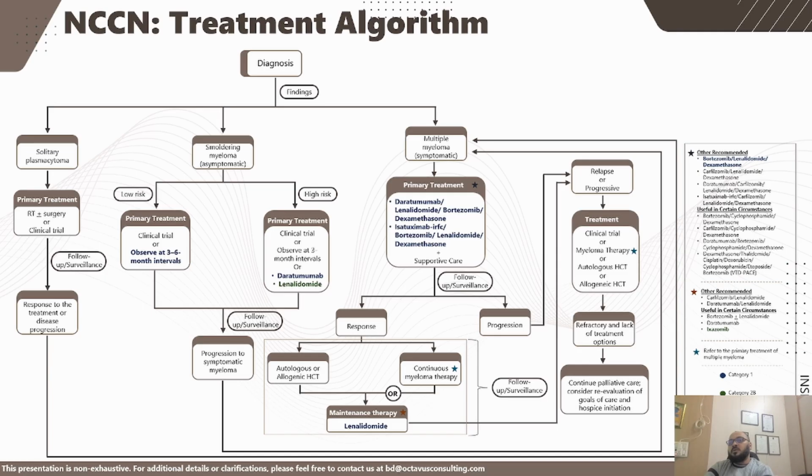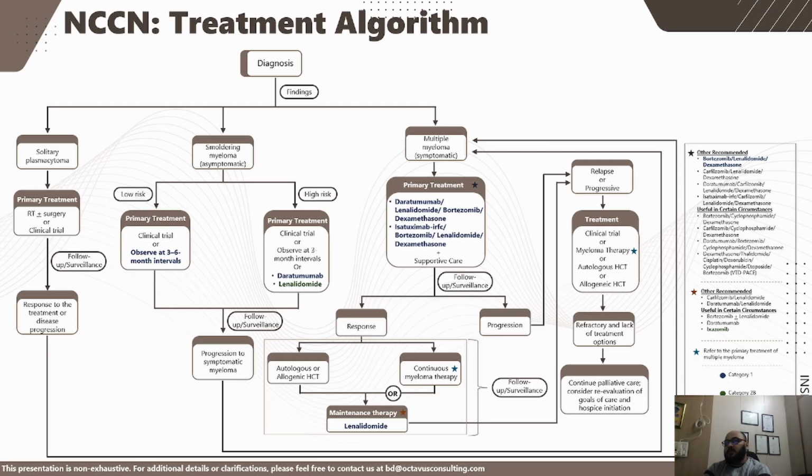Lenalidomide is kind of a benchmark, right? And then daratumumab, again a J&J product, very highly potent and being used across indications at various lines of therapy.